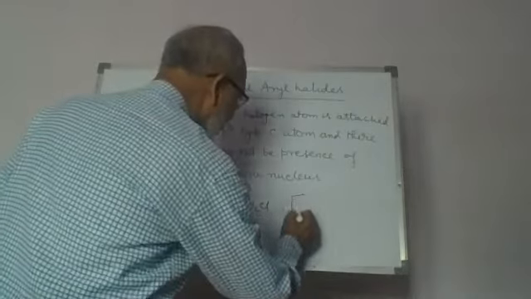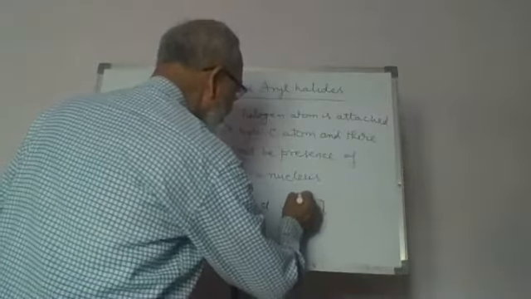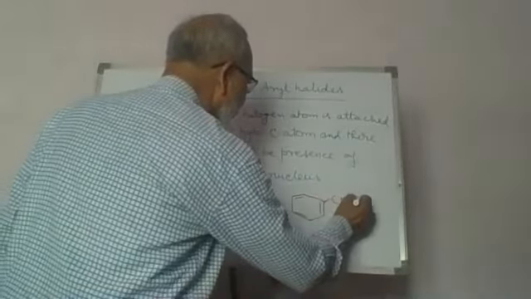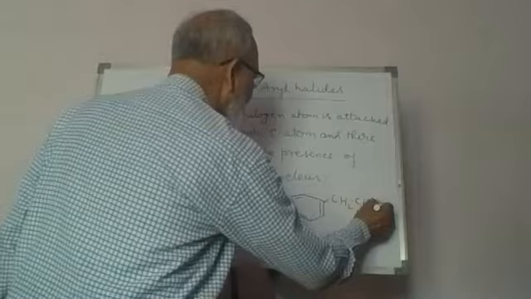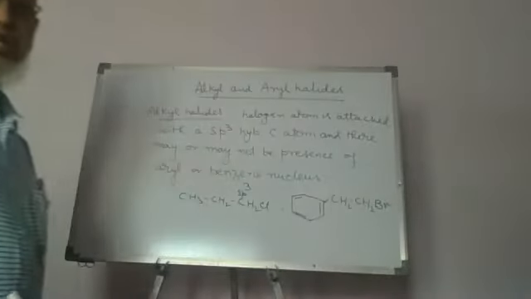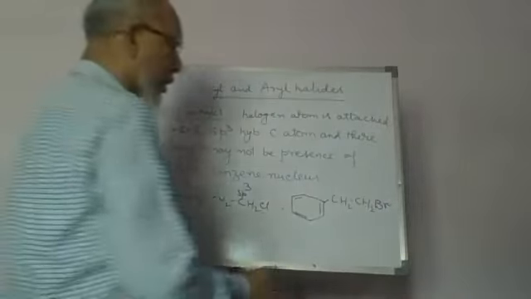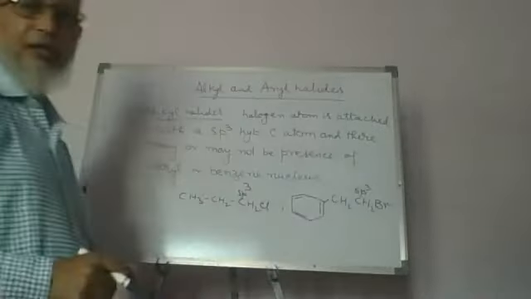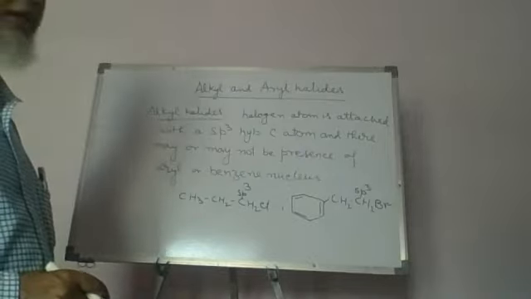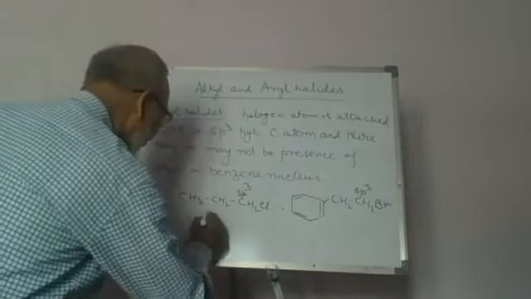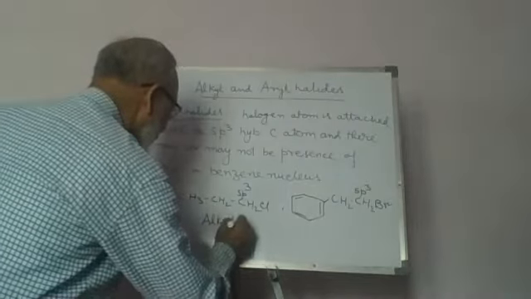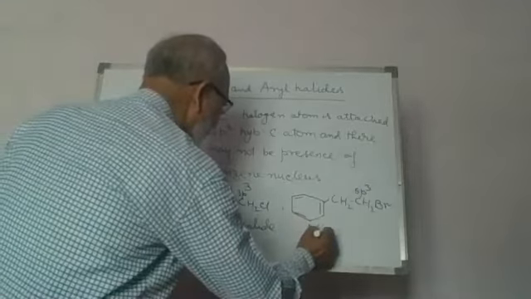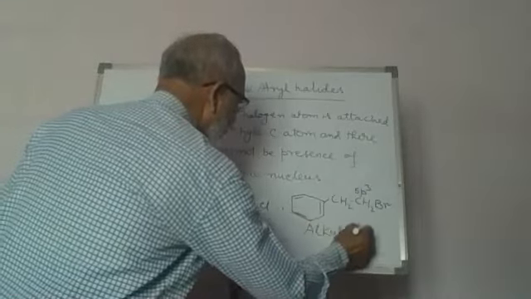But this compound, although it contains a benzene nucleus, has the halogen atom attached with a side chain and with an sp3 hybridized carbon atom. Therefore, this will also be an alkyl halide. So both of these are alkyl halides. And what would be its name, I will tell you later on after discussing it.